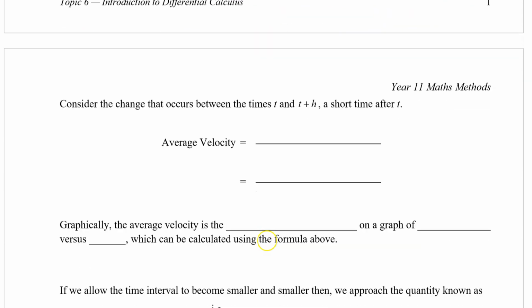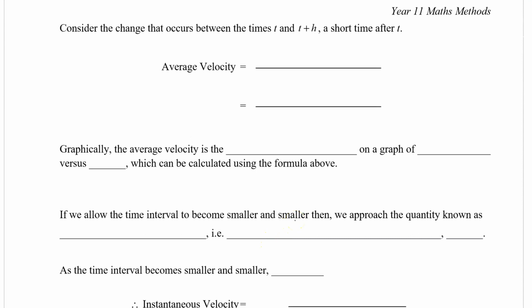Alright, moving down. Consider the change that occurs between times t and t plus h, a short time after t. Average velocity equals s of t plus h minus s of t all over t plus h minus t.